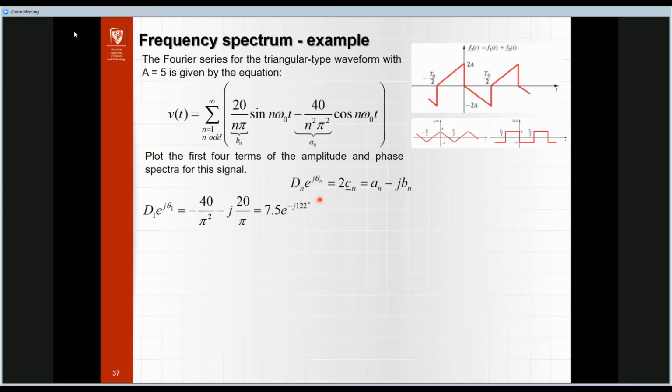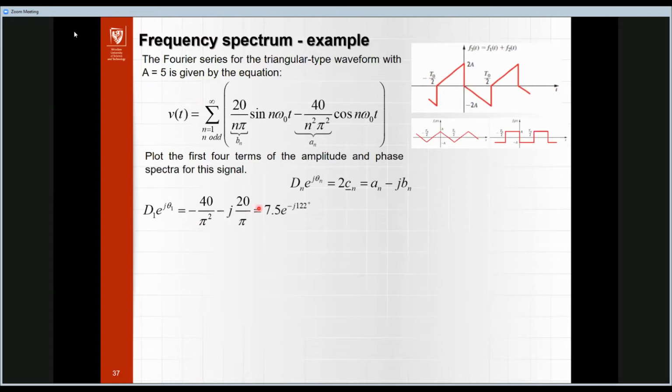Okay, so on the plot we show the dn. Directly from this one we can calculate the dn. Here we have the an, and first d1, it is for n equal 1. For 1 we have just 40 by pi squared for this, and the same for this one.